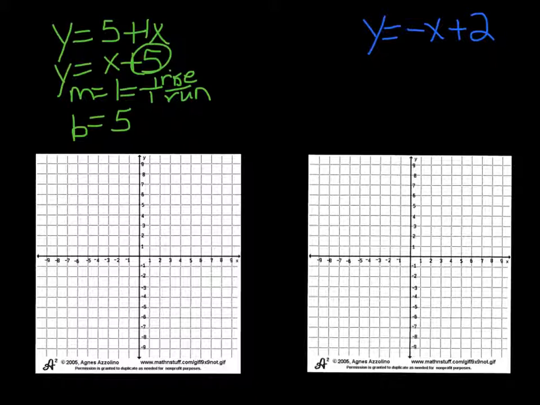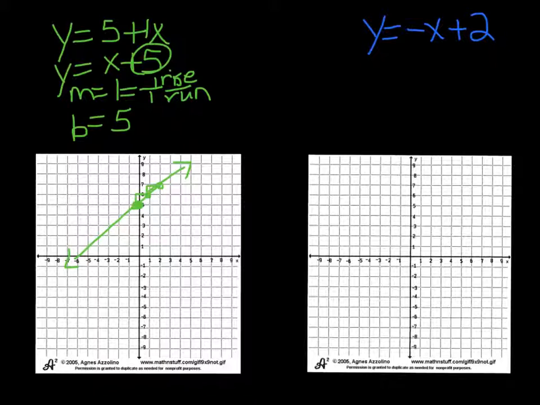So the y-intercept being 5, we're going to go to our y-axis and put a point at 5. The slope is 1, which means it rises 1 and it runs 1, up 1 over 1, up 1 over 1, and so on. We could do this all day long because we would have an infinite number of points. You can draw your line through the points and to the ends, and there's your line.